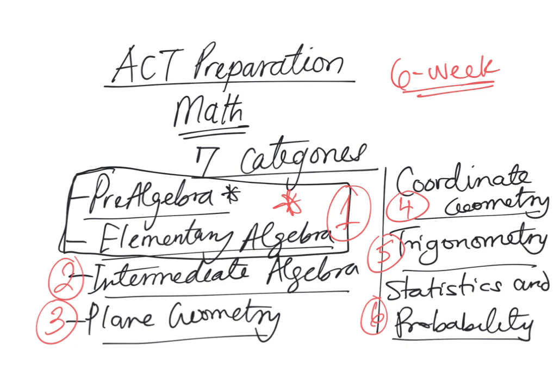And I'm not saying that English doesn't have objectivity, but I'm just saying the math portion of the test has a higher level of objectivity, of just using formulas or using reasoning to get to the answer. There are ways to raise your score in the English and reading as well, and we'll talk about that, and then also on the science. So welcome again, and let's dive into the math pre-algebra.